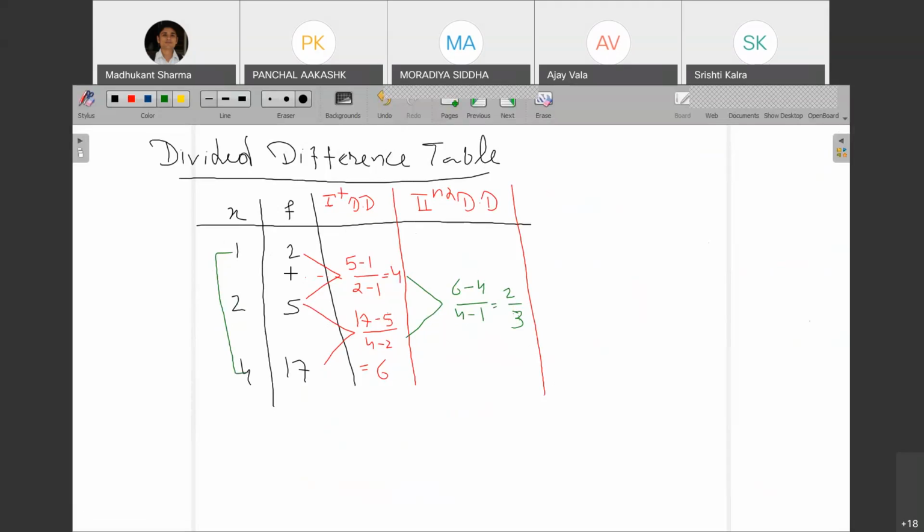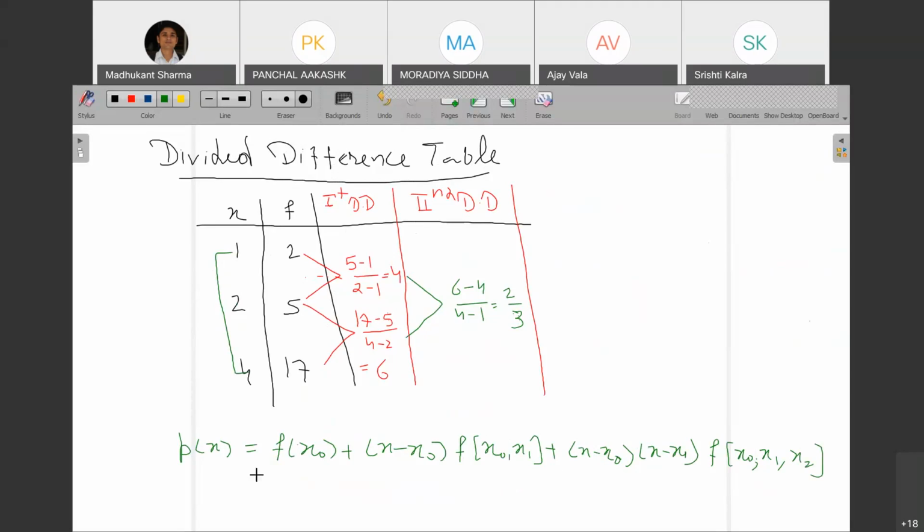What you require in Newton's interpolating polynomial is p of x equals f of x naught, plus x minus x naught times the first divided difference, f of x naught comma x1, plus x minus x naught into x minus x1 times the second order divided difference, x naught, x1, x2.